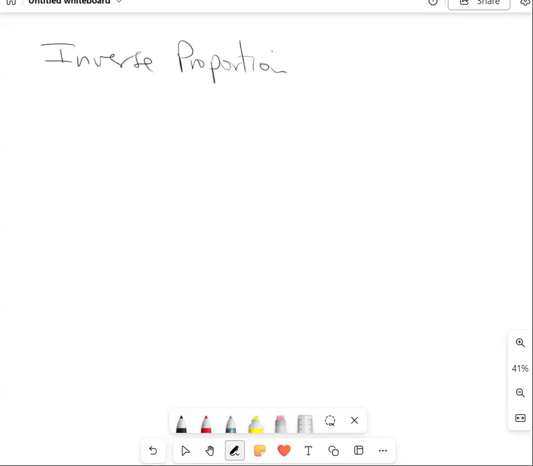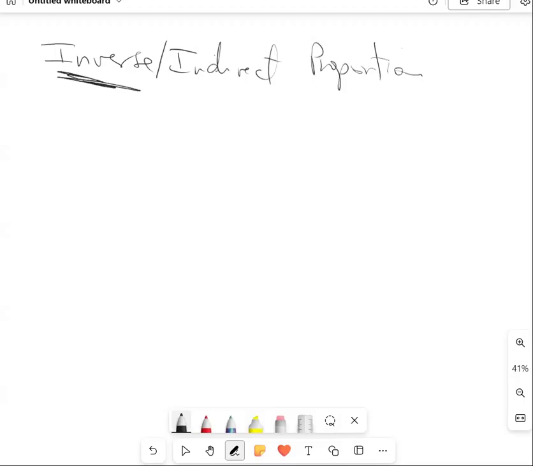Inverse proportion, or instead of the word inverse, sometimes you may see indirect proportion. Inverse or indirect proportion. Inverse is the word you hear more often. Right? Now, what does that mean?